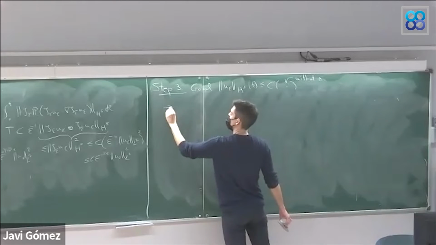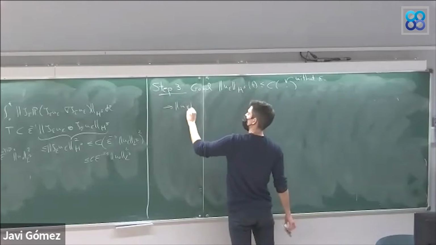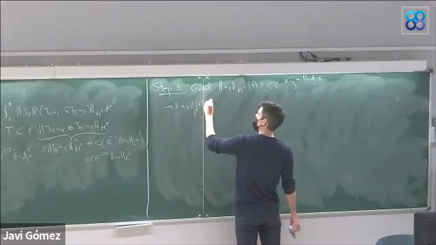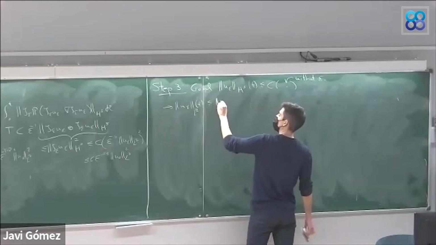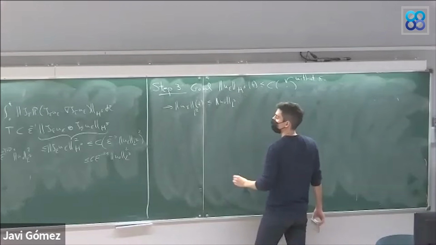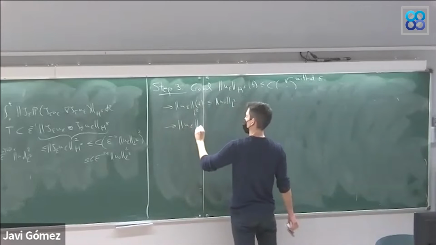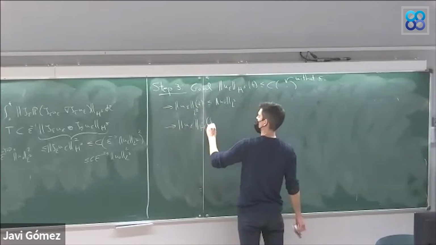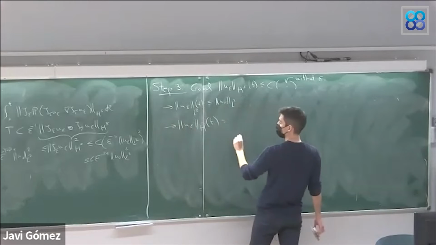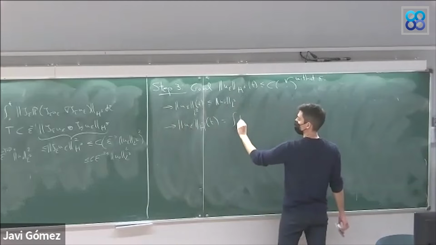We have this one. So we just need to bound the homogeneous one, which is defined in Fourier.